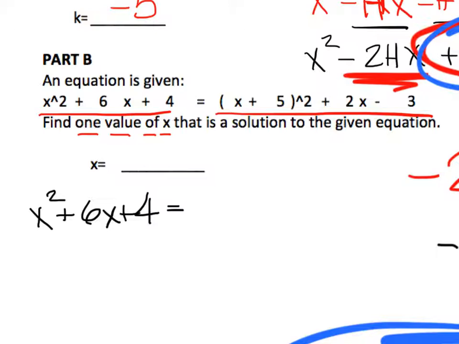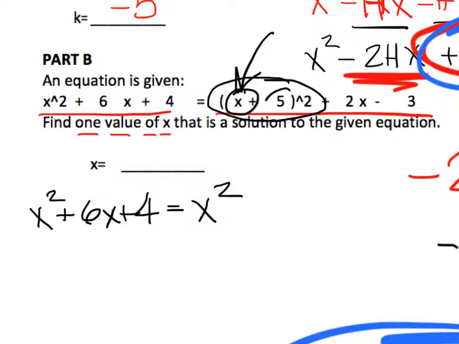But on the right side we have to unwrap this, and back in the 9th grade we went over how to square a binomial term. When you square a binomial term, you multiply that by itself to get x squared. You multiply x times the other term to get 5x, and then double it to get 10x.